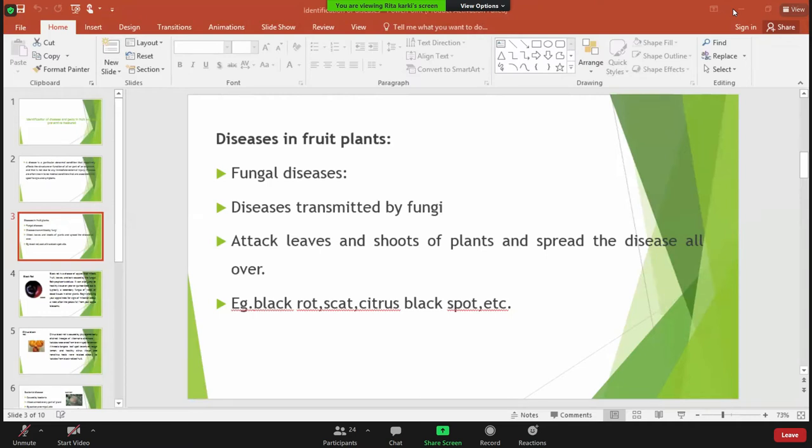Whenever any type of fungi are present near the fruit plant, any type of pest that comes in contact with the fruit trees carries the fungi within their body, then these fungal diseases will be transmitted from the insects and pests to the fruit plants that are grown in our agricultural land. So basically fungal diseases are those types of diseases that are transmitted by the fungi to the fruit trees that are grown in our agricultural land.